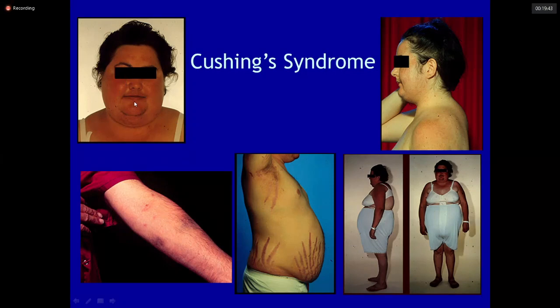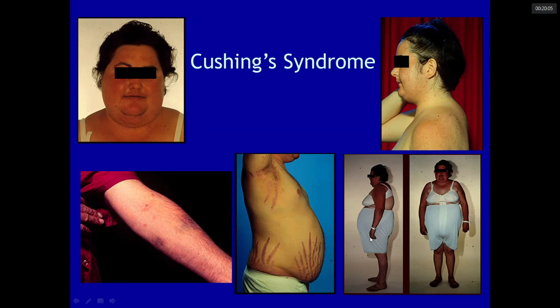Also, as well, you can see that the face is plethoric. The skin will show some bruising because of the thinning. And as well, because of the areas of thinning in the skin, there will be deep stretch marks, and these are usually deep red in color and wide.